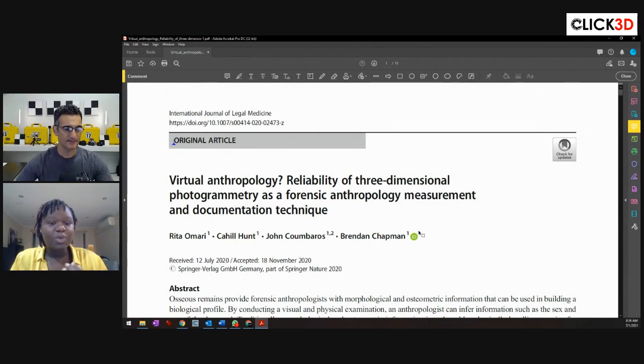From the three scouts, we took measurements in triplicate using vernier calipers, and also in the photogrammetry software, and from the scans we obtained from CT scanning. Then we statistically compared the results to see if they were comparable and whether there was any significant difference between the measurements, so that at the end of the day we could say whether physical measurements, CT scanning, or photogrammetry were the most accurate.